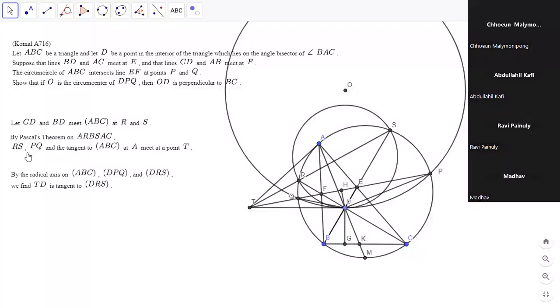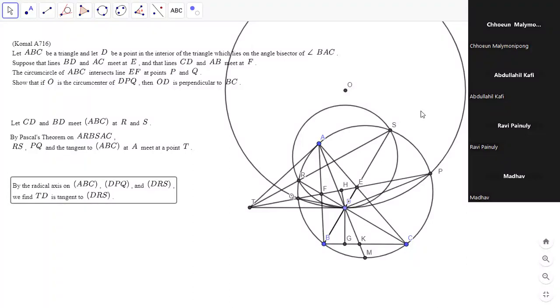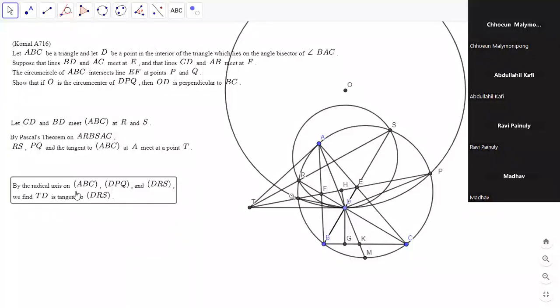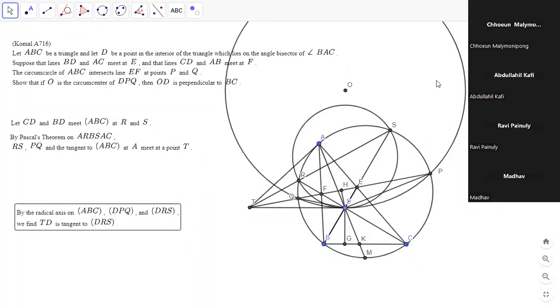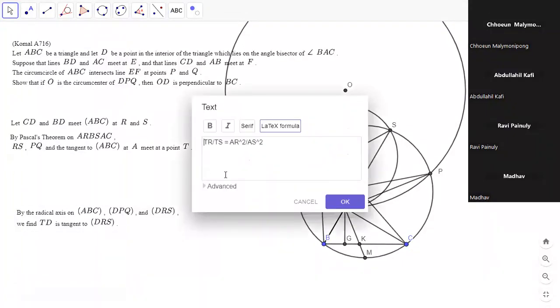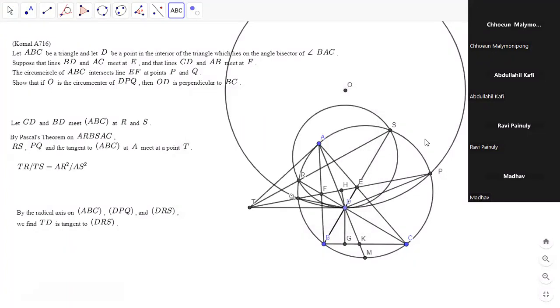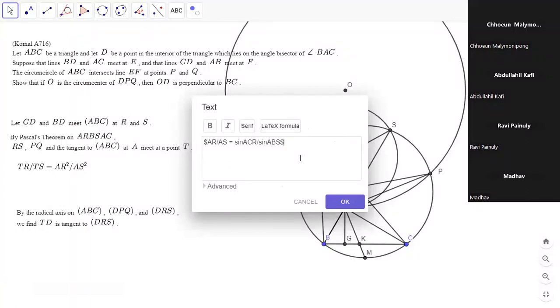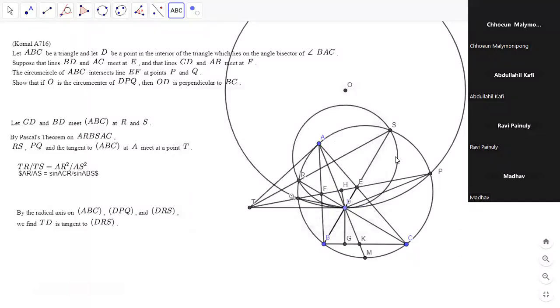Oh, and what you showed, does that prove it? So like with the ratios. So let me move this down. And TD is tangent to DRS is equivalent to TR over TS. So that's true, and then this is true, and then this is true.